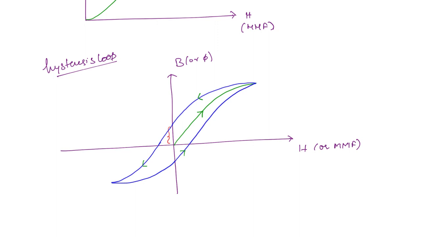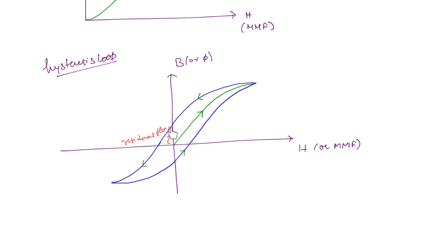The first time only, when you are applying the MMF, it will follow this middle path. After that, when you are reducing the MMF to 0, there will be a residual flux. So you can write here, this is the residual flux. And then you are applying the MMF in the negative direction, in the opposite direction.